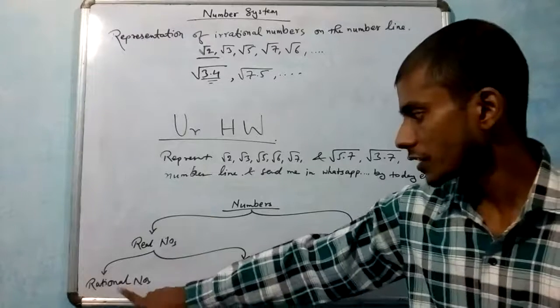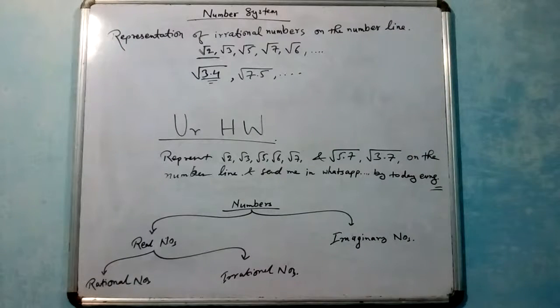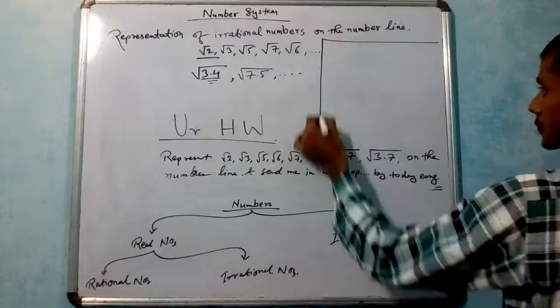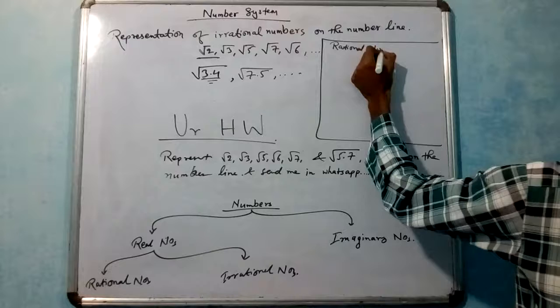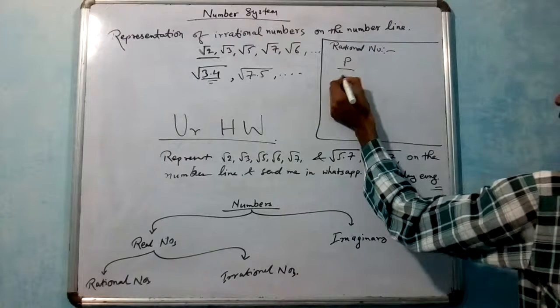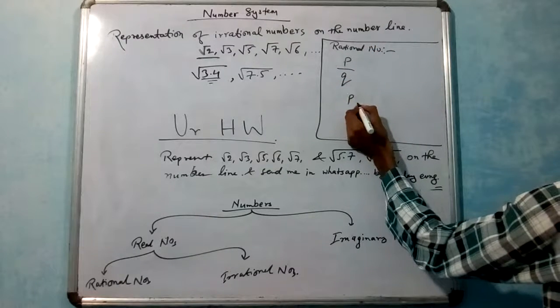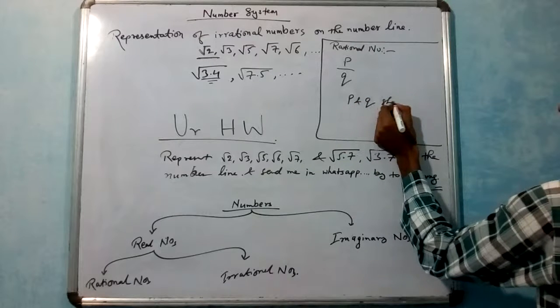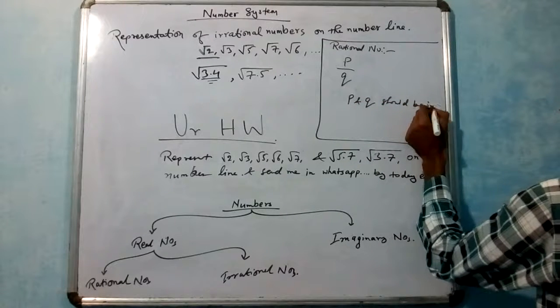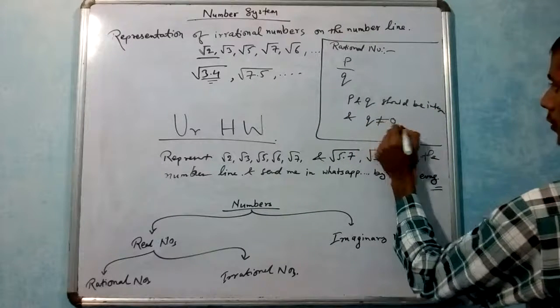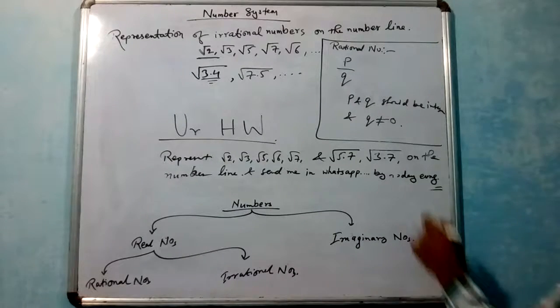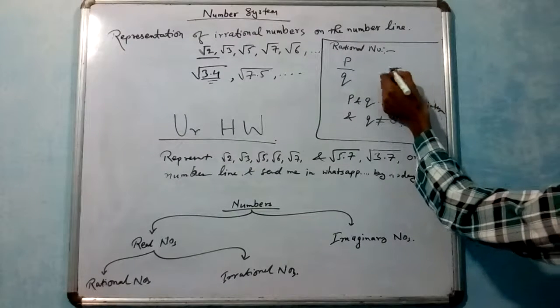Okay. Now define what is rational number. Come on, define it fast. Listen. What is rational number? Numerator and denominator should be integers, okay, and the denominator should not be equal to 0, okay.